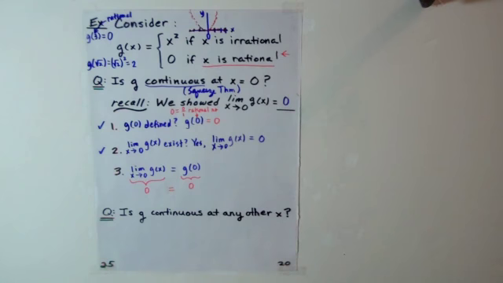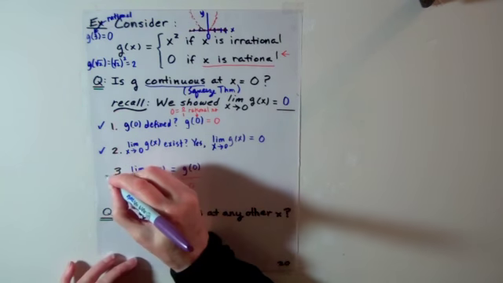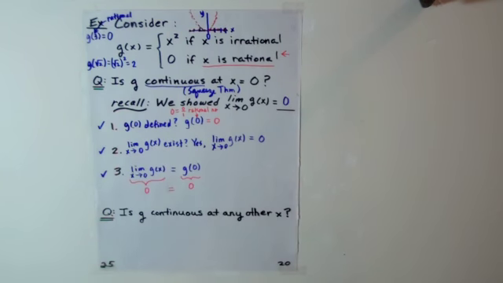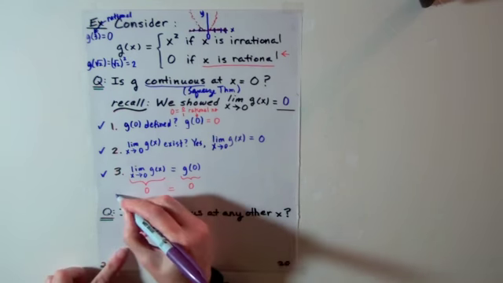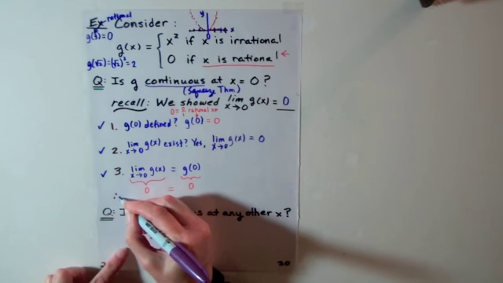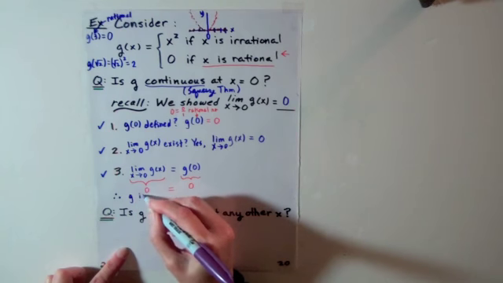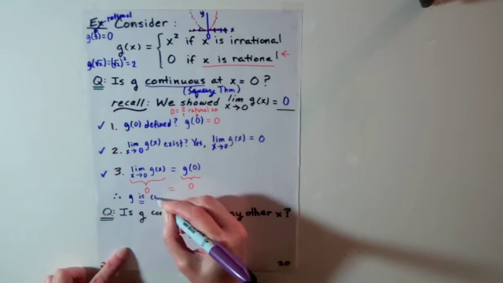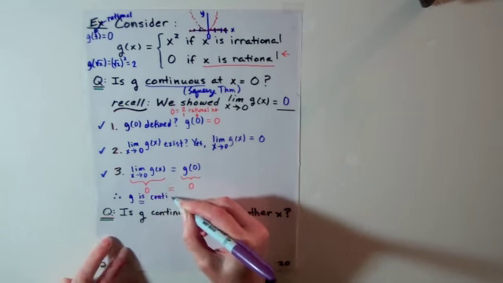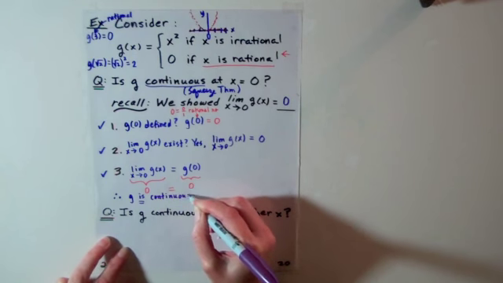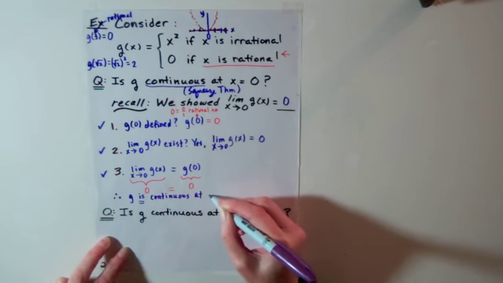So our function also satisfies the third condition of continuity at the point x equals 0. Therefore, g is continuous at x equals 0.